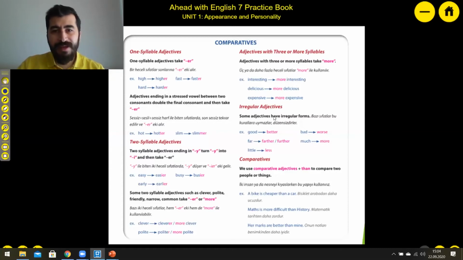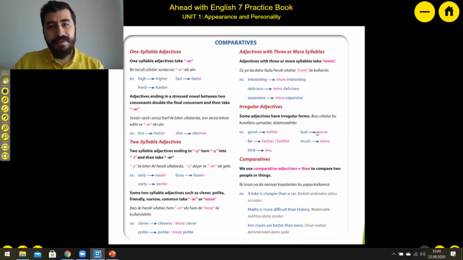And we have also irregular adjectives. Some adjectives have irregular forms. Good, we don't say gooder, we say better, okay? Good changes into better. Far, farther. We don't say farther, no. Further or further, true.